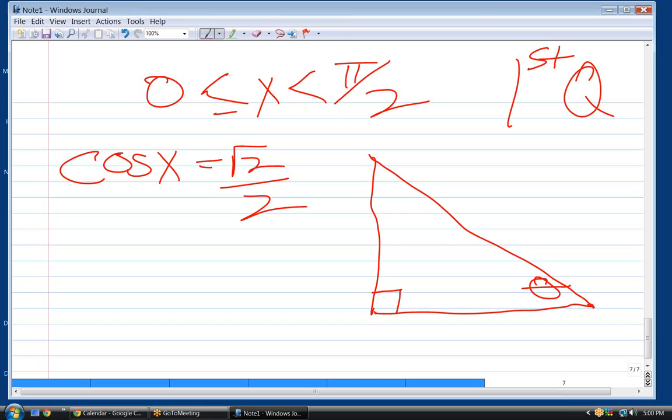Dimension the triangle? Yeah. So cosine of x is square root of 2 over 2. We did this a little differently. What's the horizontal measurement?